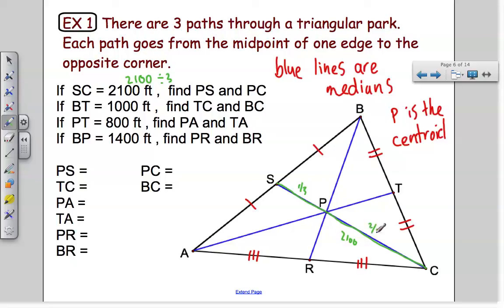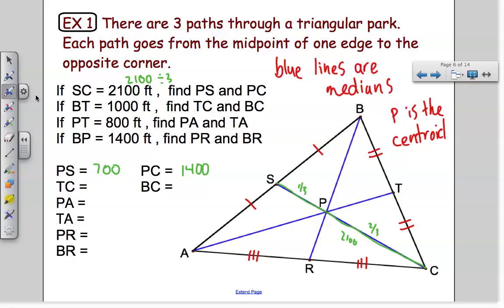And then we're going to double that to get to the 2/3 part. So 2,100 divided by 3, 21 divided by 3 is 7. So P to S is 700. It's 1/3 of 2,100. And then P to C is double that. 700 times 2 would be 1,400. And notice this is correct because 700 plus 1,400 is 2,100.